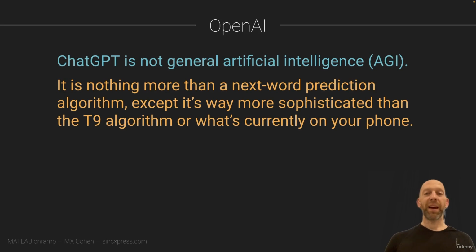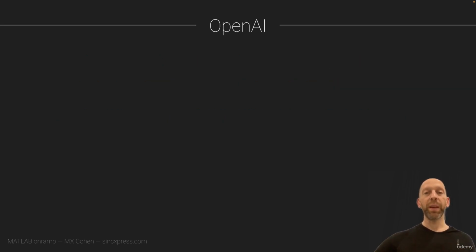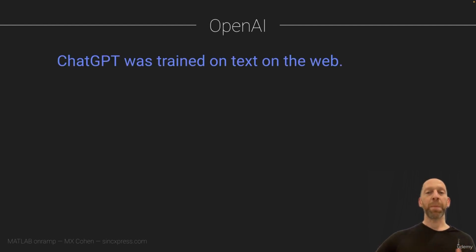In this sense, ChatGPT is basically the same as that old school T9 algorithm that was used on mobile phones like 25 years ago. The difference is that ChatGPT is way, way more sophisticated. That's partly because of how huge and complex the network is, and partly because of how much data it's been trained on. Now, here is an important thing to understand about ChatGPT. It was trained on text on the web.